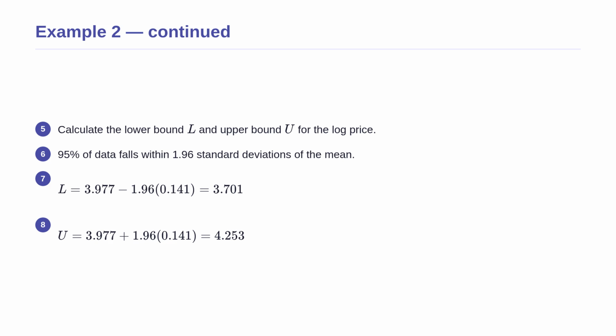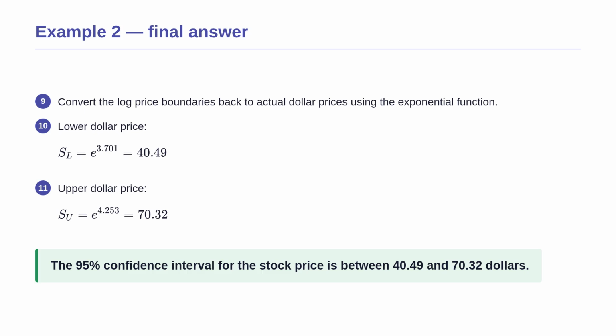This gives a lower log bound of 3.701. We do the exact same thing for the upper boundary, but we add instead of subtract, giving 4.253. We are now 95% confident that the log price will fall between 3.701 and 4.253.